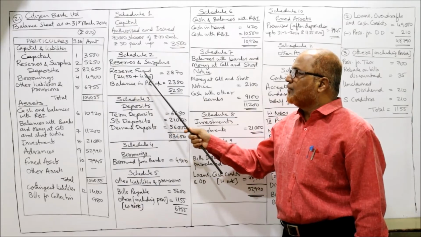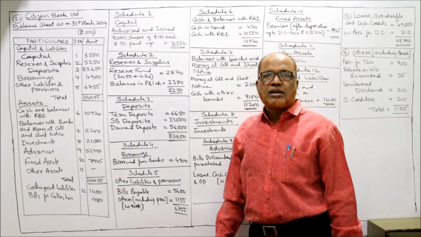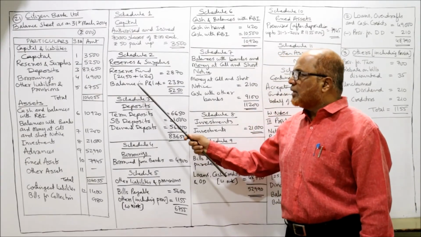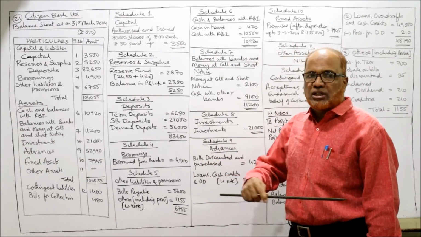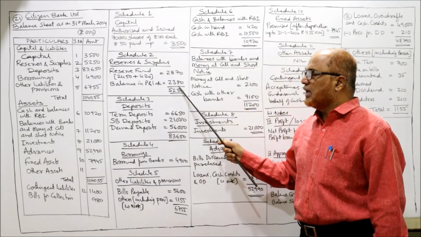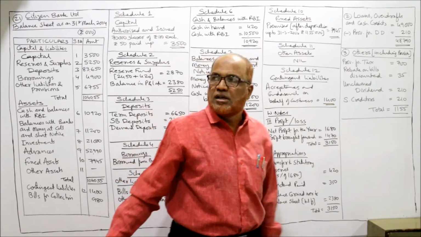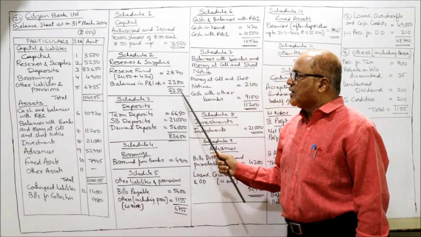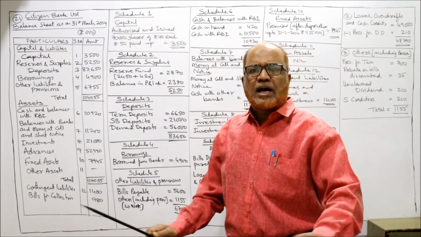So 2450 plus 420 you will get 2870 total balance in reserve fund. Apart from that, balance in P&L account, the balance transferred to balance sheet, 2380 we are getting from here. Right? Now total of the reserves and surplus is 5250. That's all. We have taken all the items.